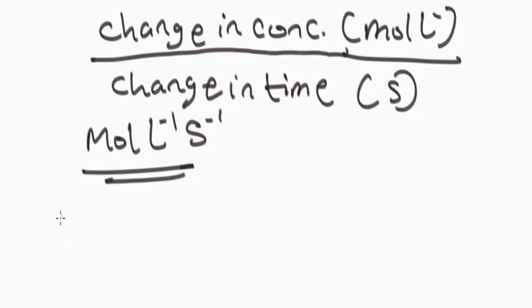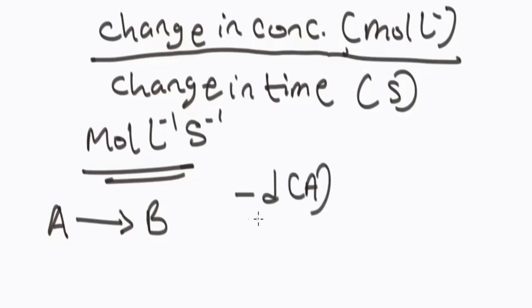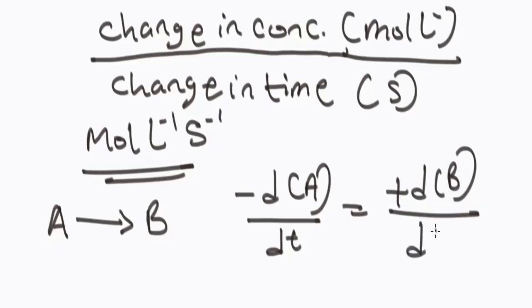Okay, let's say we are given this expression: reactant A gives product B. So using the formula above, the rate of reaction is going to be minus change in reactant A over change in time equals change in product B over change in time.